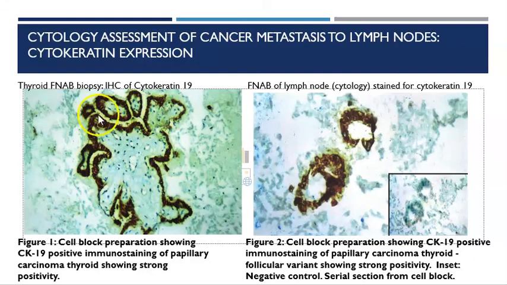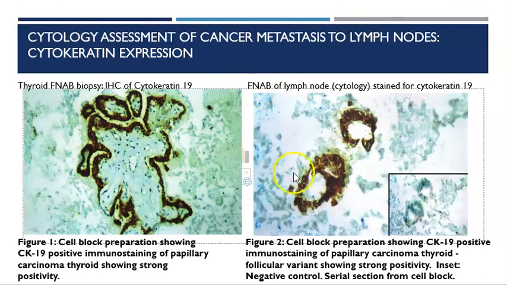So a small cluster of cells have been removed, and what we haven't got is the tumour cells in the full normal arrangement within that tissue. We have got a cluster of cells which has been detached, that has been embedded in a cell block and then stained up for cytokeratin 19, showing these very positive cells here.